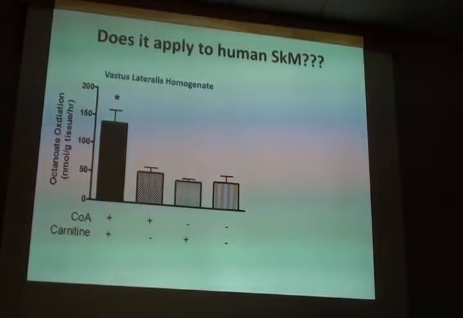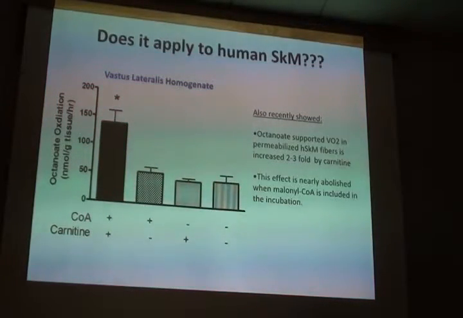Obviously, those studies were all in rat. We wanted to make sure that it applied to human skeletal muscle, so we made a tissue homogenate from vastus lateralis and showed that the same thing held true in human muscle as well. When we excluded CoA and carnitine, octanoate oxidation rates decreased substantially.